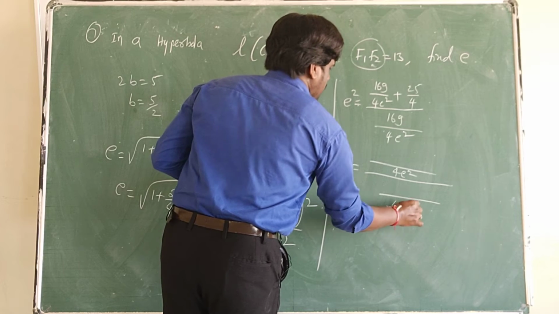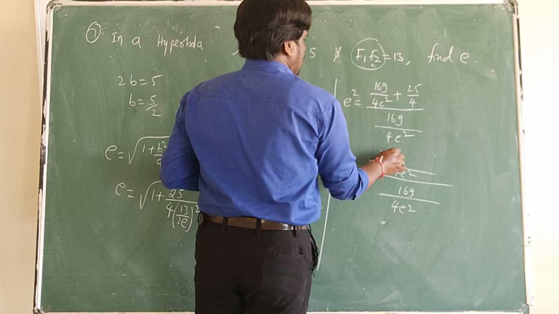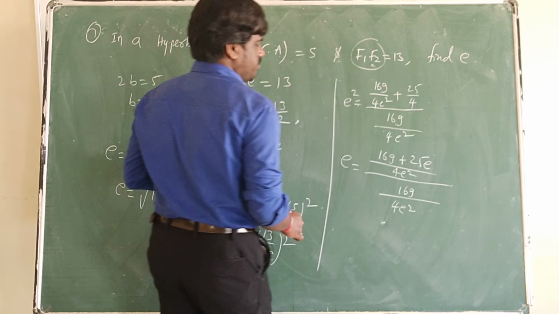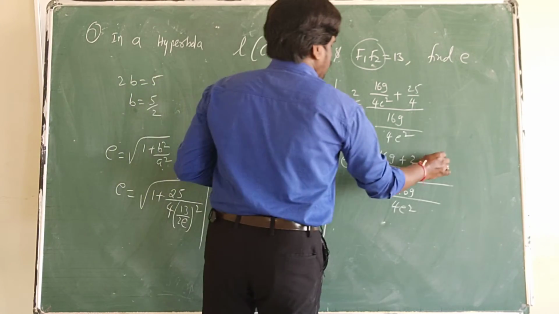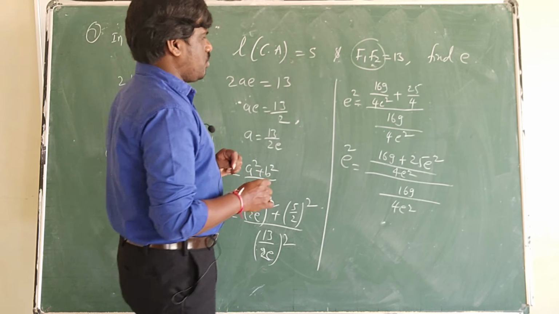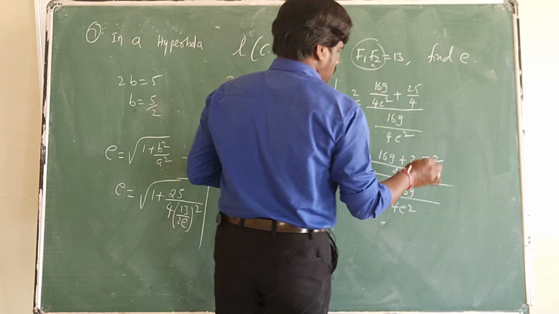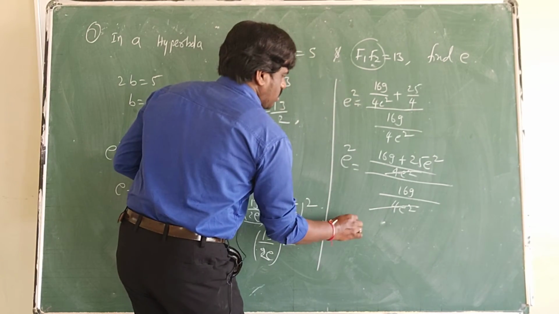You get 169 plus 25 E square. The LCM is 4 E square, so E square will multiply here and 4 E square cancels out. So E square is equal to how much did you get?